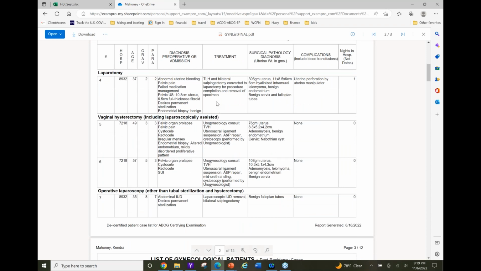Just a quick question. So what was the reason for the conversion in case number 4? So the uterus was very bulky, and having perforated the uterus with the uterine manipulator, it was hard to gain good traction in order to complete the colpotomy.